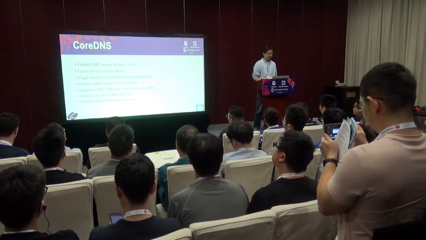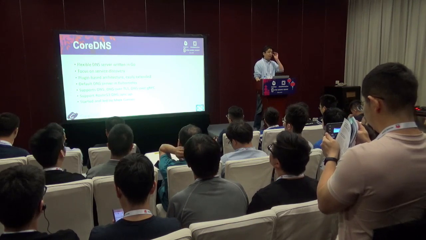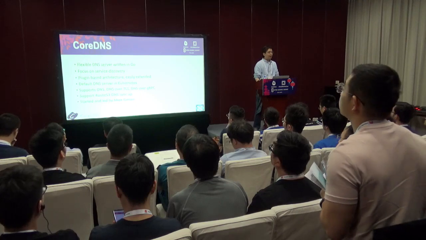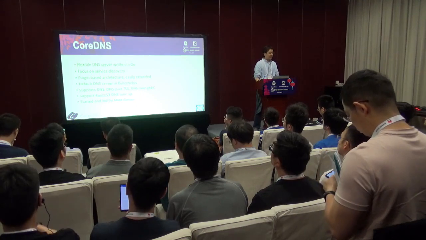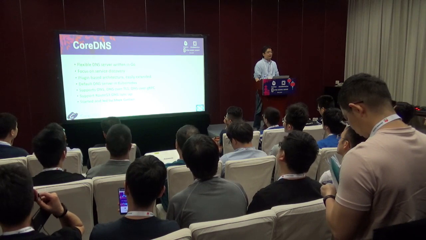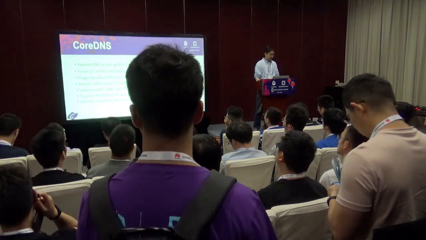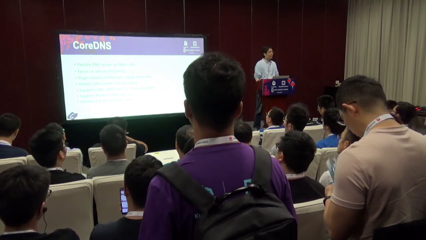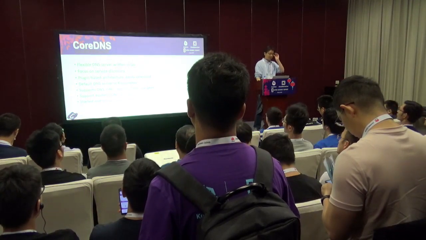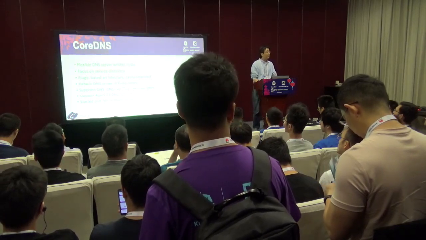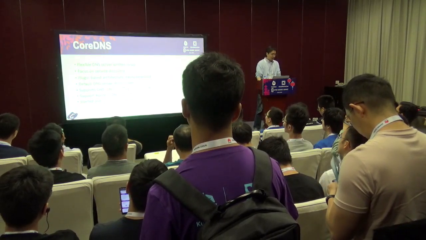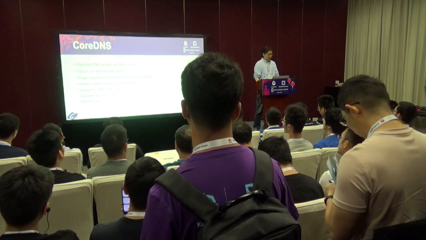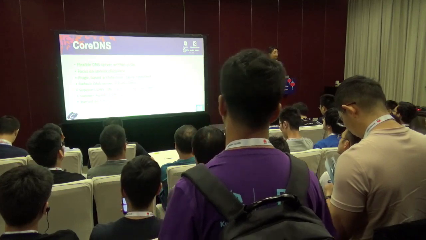CoreDNS is the default DNS server in Kubernetes now. We have been part of the release since Kubernetes 1.11, and in 1.13 we became the default DNS server. CoreDNS itself supports different protocols. We have support for DNS over TCP, over TLS, and DNS over gRPC. In addition to integration with Kubernetes, CoreDNS also has Route 53 DNS data sync-up.